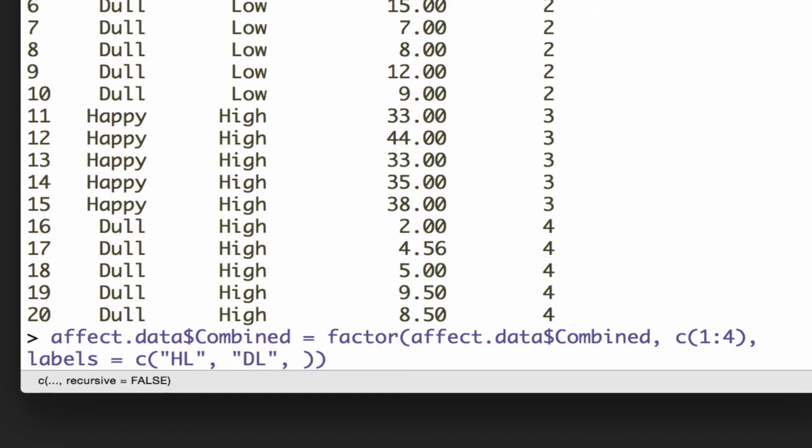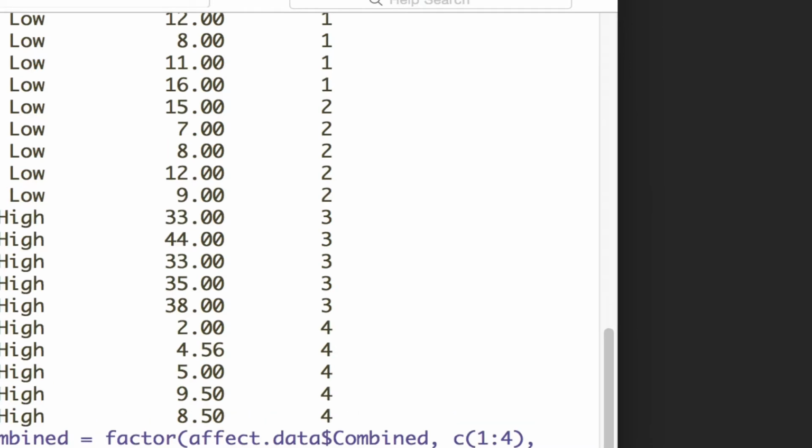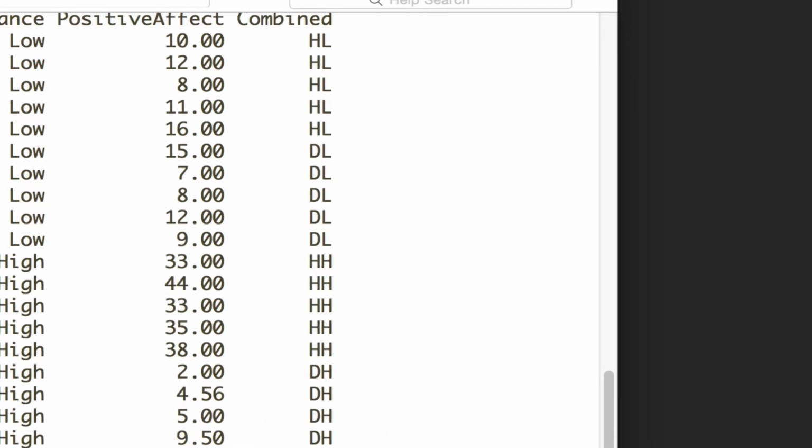The next is people with a happy message and high relevance. And the last is people with dull message and high relevance. So it's really important when you're naming these factor levels that you know what order your data are stored in. So with that done, we can take another look at our data frame, and now we have each of our groups defined separately. So we're doing well.